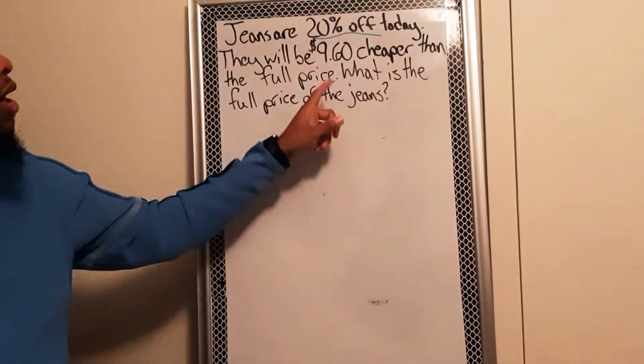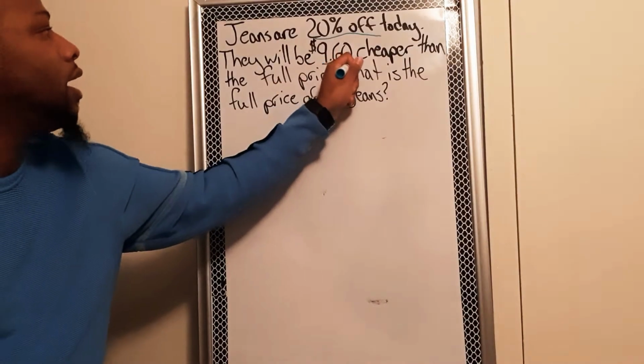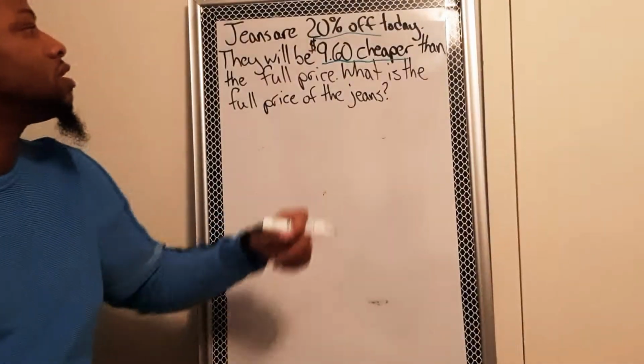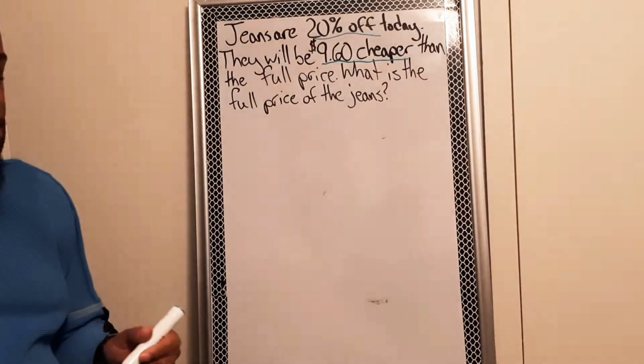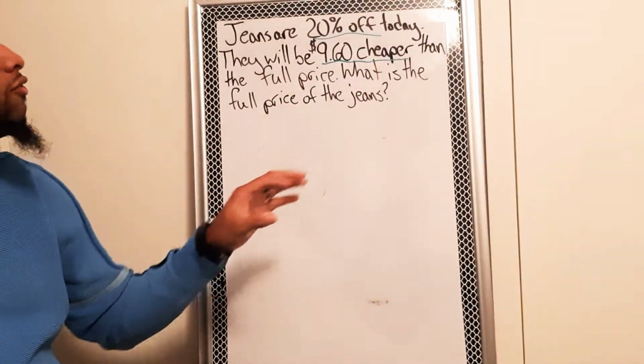They will be $9.60 cheaper than the full price. For something to be cheaper, that's another clue that tells us we're going to subtract $9.60 from the total price, because it says cheaper than the full price, meaning it's less than the full price by $9.60.